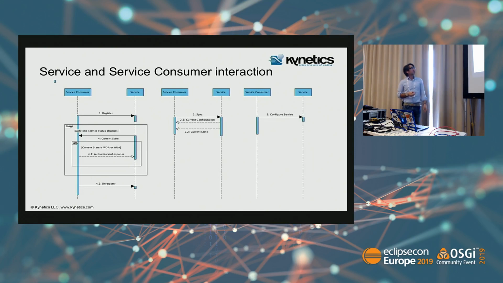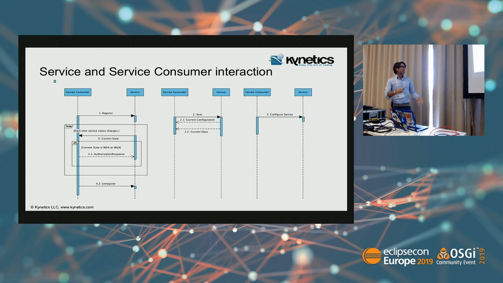Okay, so this is another way of seeing the communication between the service and the service consumer. Again, here is what happens when you ask the user for authorization of downloading or updating. Can I download? Yes. Can I update?